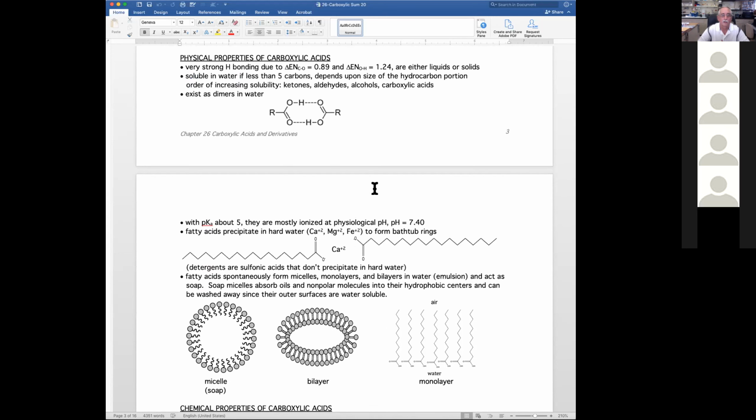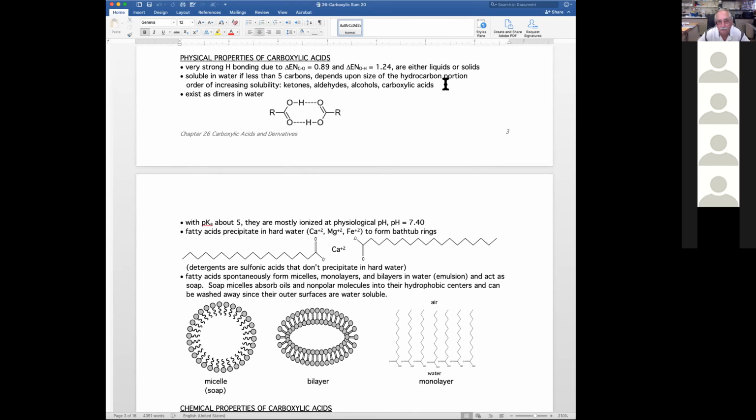Okay. So the physical properties of carboxylic acids, they're extremely polar. So they're often liquids or solids. They're soluble in water if there's not too many carbons, if the R group is not too big. Increasing order of solubility are ketones, aldehydes, alcohols, and then carboxylic acids.